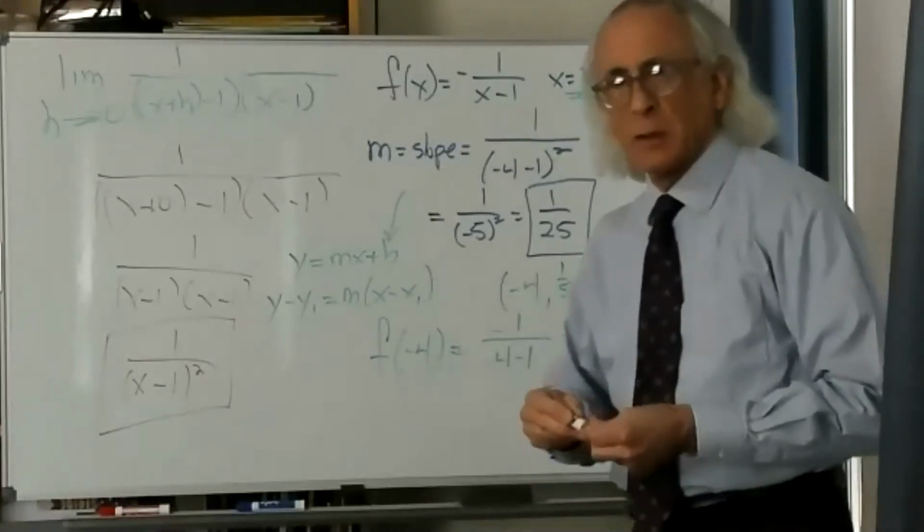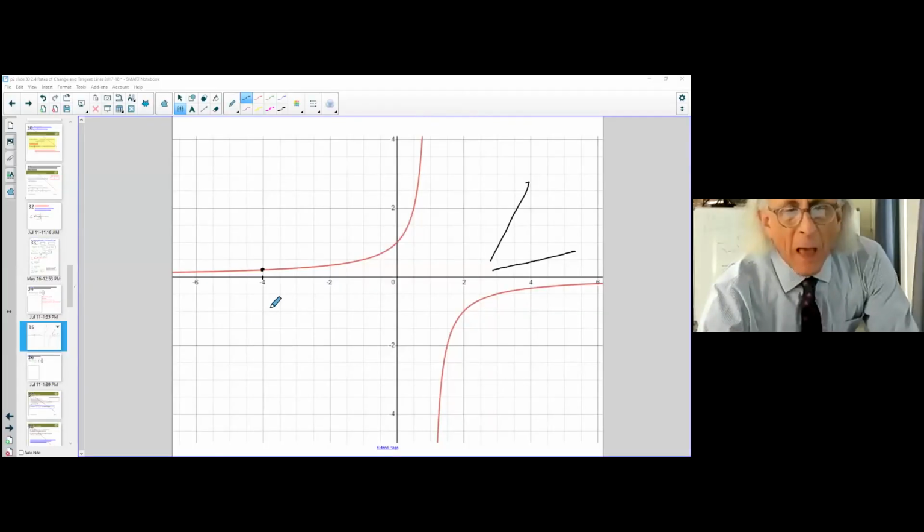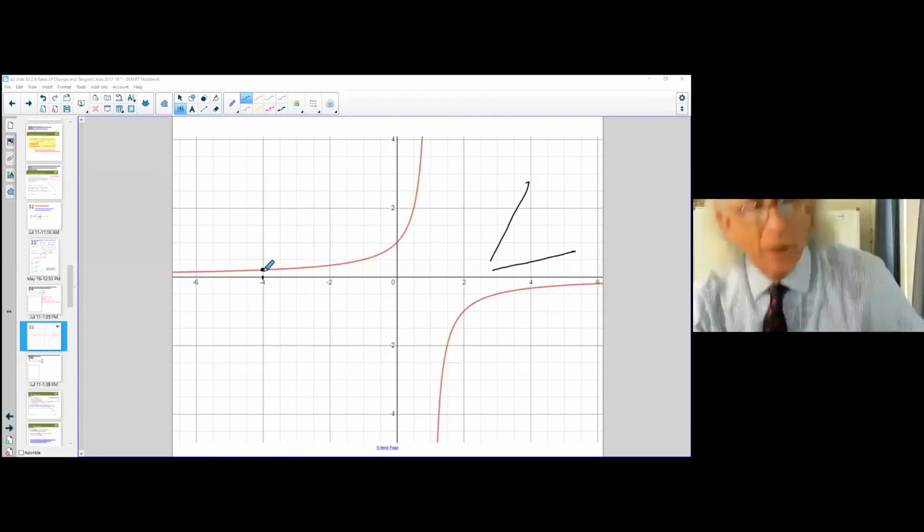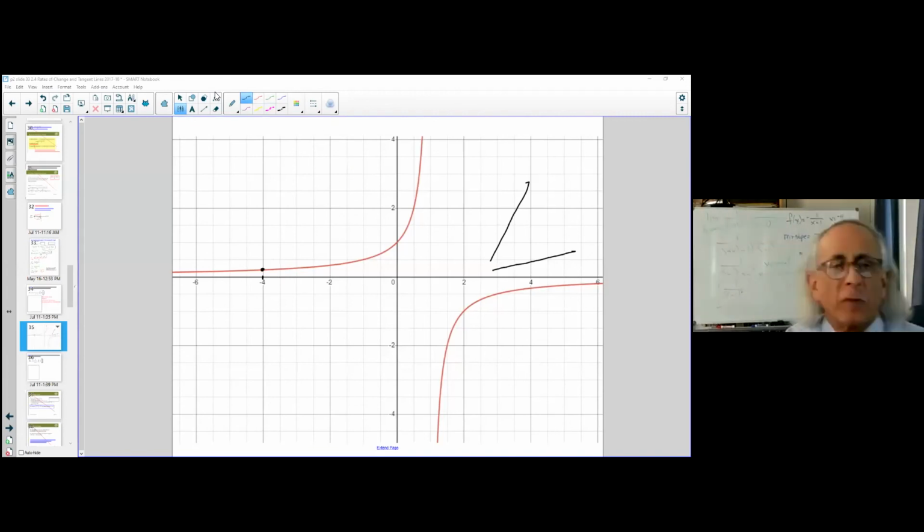So I have the point -4, 1/5. Let's take another look at the graph and make sure that that is accurate. And that looks about right, that point. If I look at the y value of that point, if this is 1 right there, because here's 2, then that looks like it could be about 1/5.